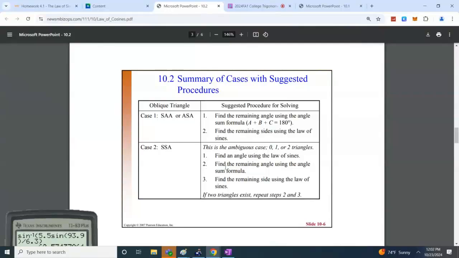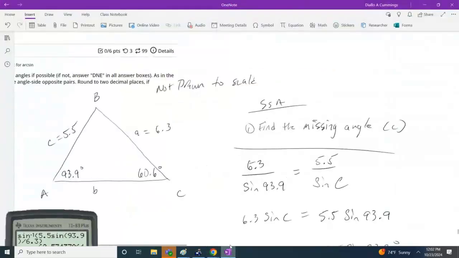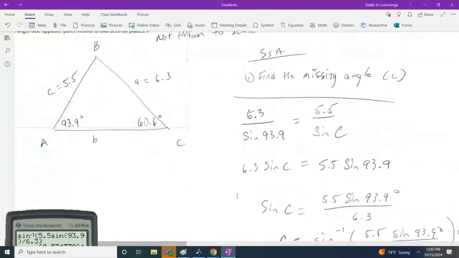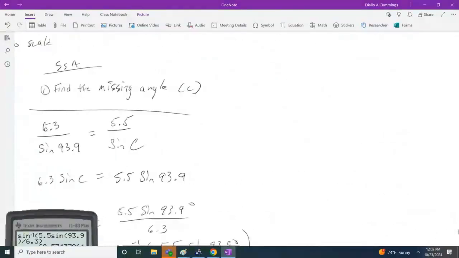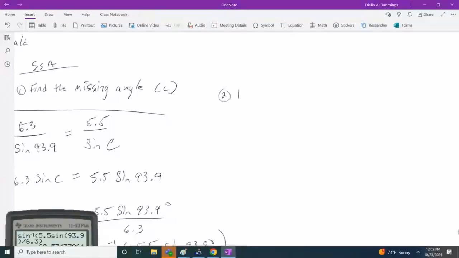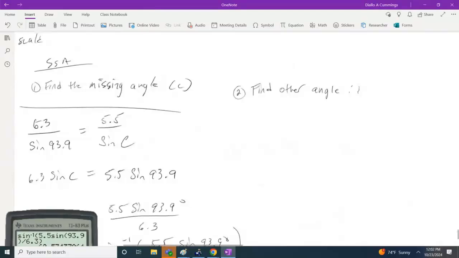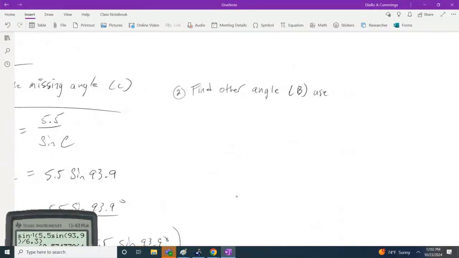The next thing we want to do is find the other angle using the sum formula. So we're going to find the other angle, which is B, and we're going to use the sum formula.